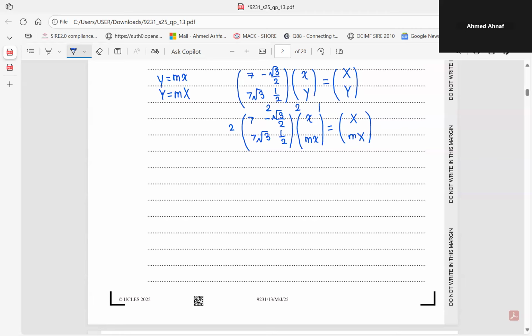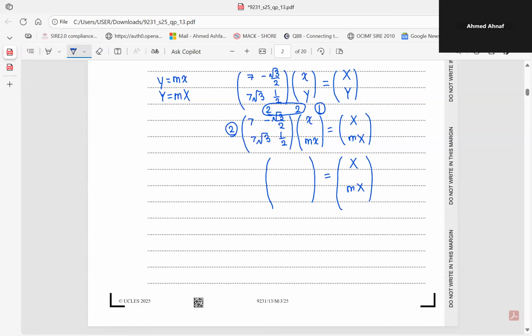The number of columns of the first matrix equals the number of rows of the second matrix. So these match, and we can multiply them. The new matrix is going to be a 2 by 1 matrix, so 2 rows and 1 column. So let's make space for that. Equals to x, mx.